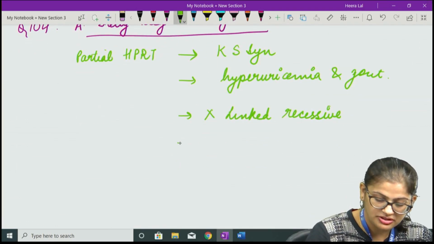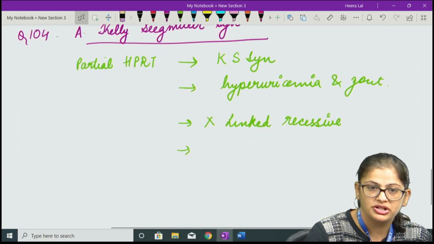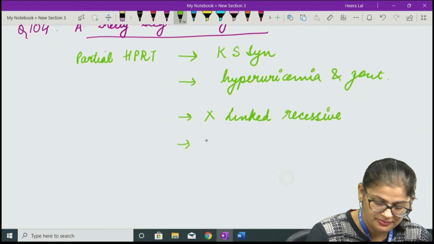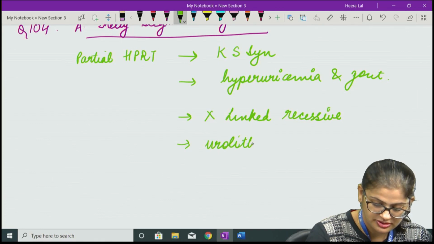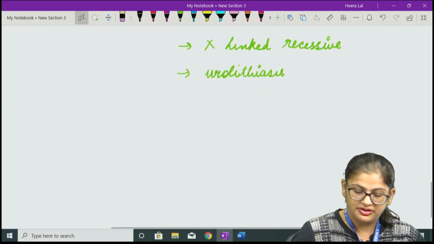And another feature that you may come across in a patient with partial HPRT deficiency is urolithiasis, which is basically due to excessive filtration across the tubules.